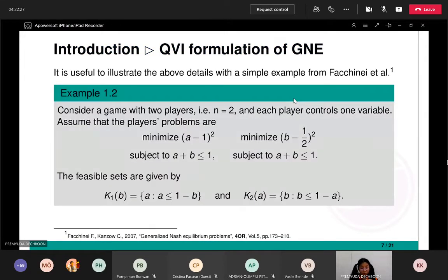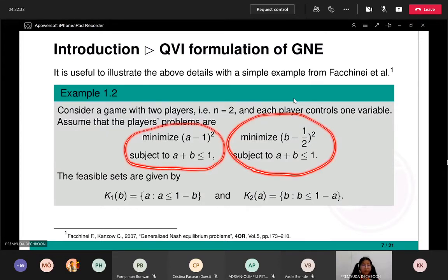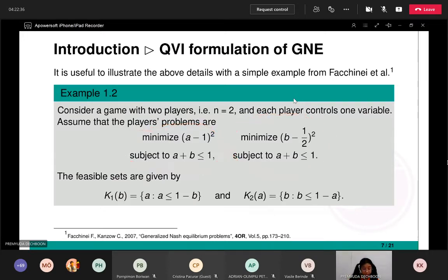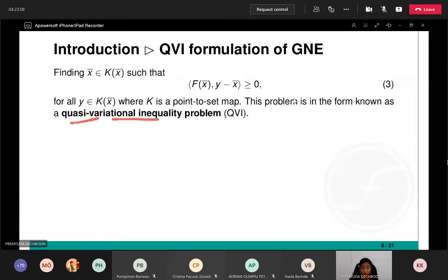For example, when we have a minimization problem like this, we can write the set-valued mapping K, which is a flexible set, by this one. You can see that K1 is the strategy set of player one, which depends on the strategy of player two, which is B, and also the strategy set of player two depends on the strategy of player one, which is A. From this concept, we also consider the quasi-variational inequality problem.